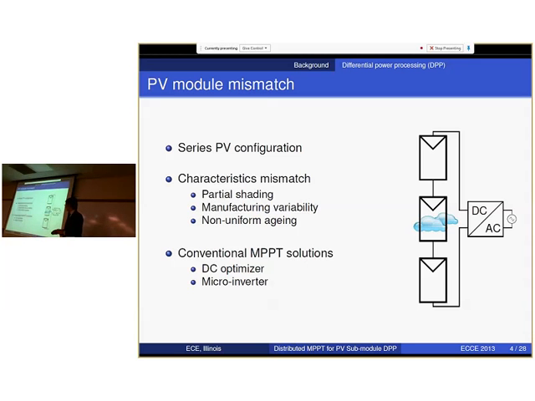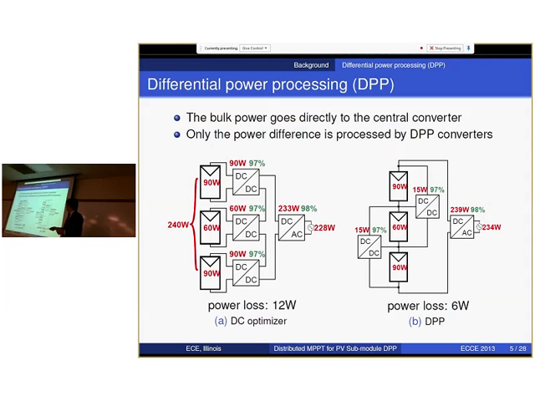Microinverters are not very comparable to the topic of differential power processing today, so I'm not going to use that as an example. Instead, I'm going to use a DC optimizer system as an example, which is shown here. In a DC optimizer system, each PV is connected to a DC to DC converter, then to the central converter in a string.